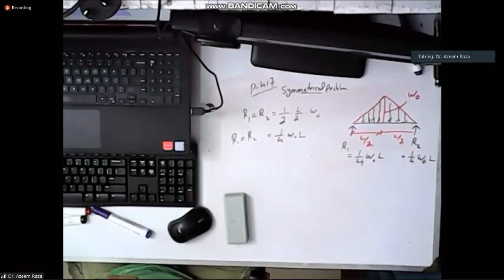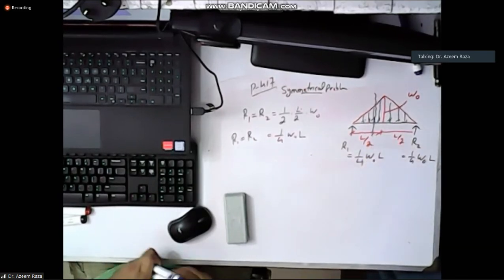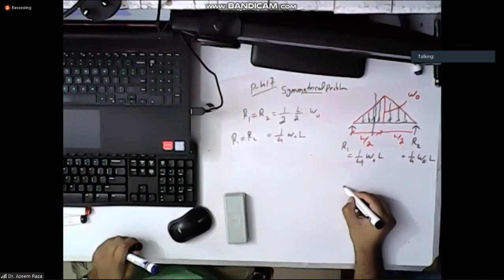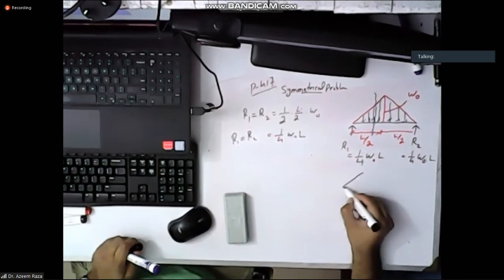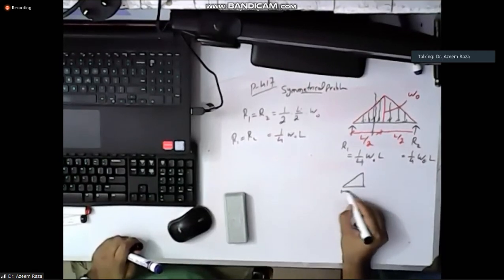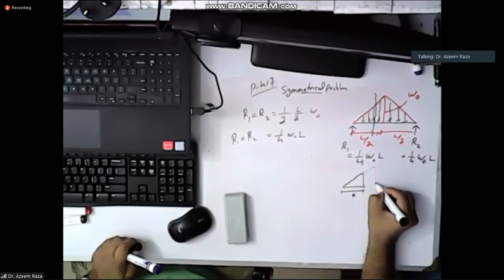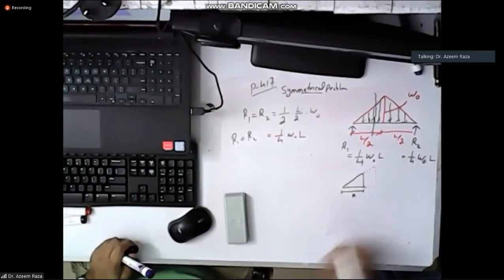And now I can take a segment somewhere here. Let me redraw it. And this distance is X as usual, although our complete segment is like this.